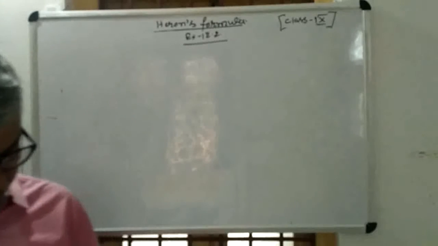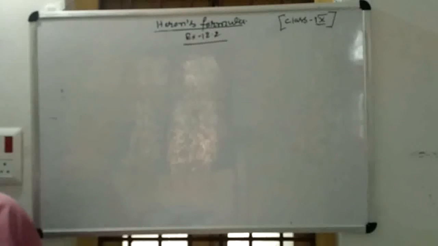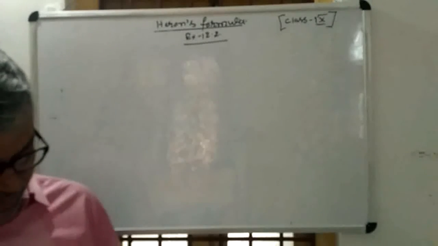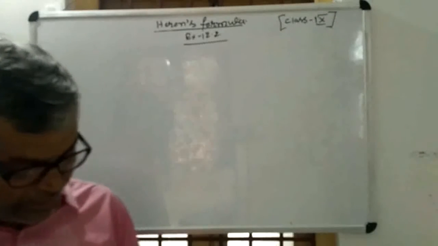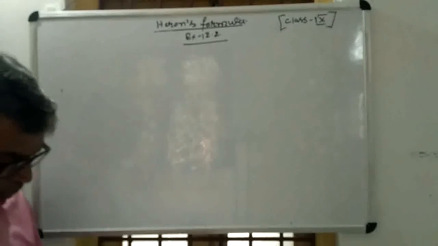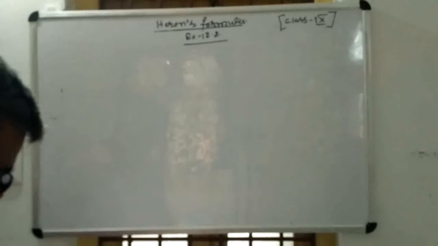A triangle and parallelogram have the same base and the same area. If the sides of the triangle are these and the parallelogram stands on this base, find the height of the parallelogram.